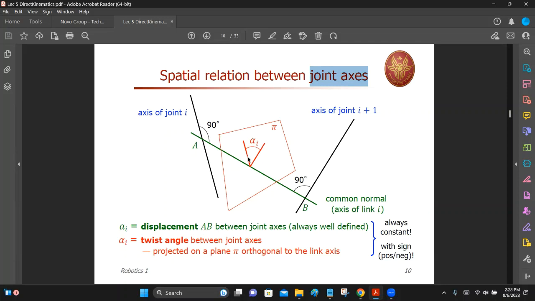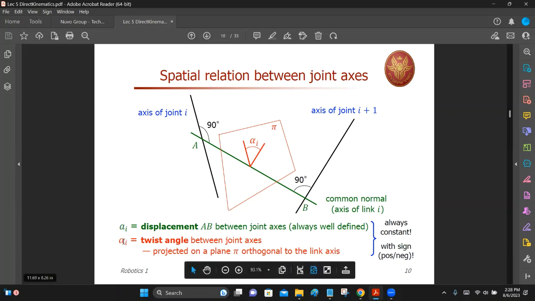So if you have an n-link manipulator, you have n links. Each link has alpha and A. Simply, A means the length, and alpha is the twist.